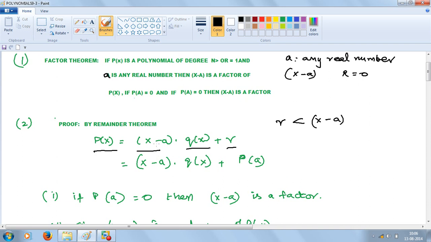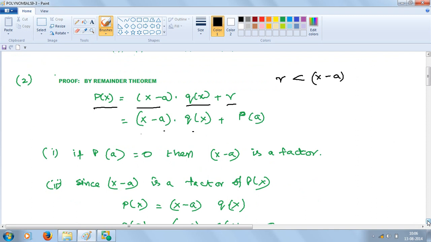So we can write the same equation as x minus a multiplied by some quotient plus the remainder. Now we'll see what happens when P(a) is equal to 0. P(a) is the polynomial when you apply the value of a. When the remainder becomes 0, then x minus a is a factor, so we get a clear quotient without any remainder.